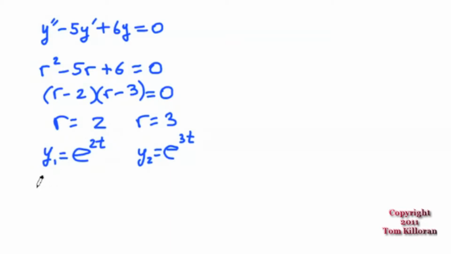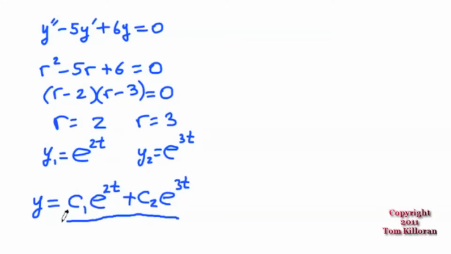And since they are, then we can force superposition, I think it's called, on the final solution, and it would be the sum of these two maybe off by a constant. So it would be c1 e to the 2t plus c2 e to the 3t. And that would be our general solution to this differential equation.